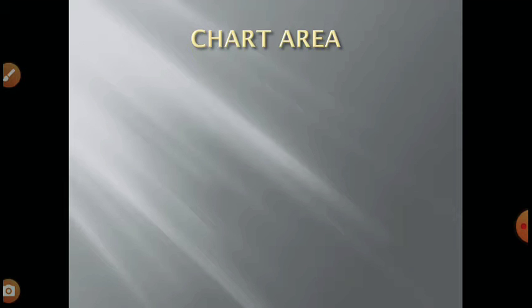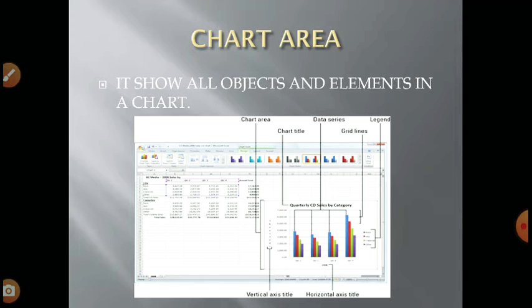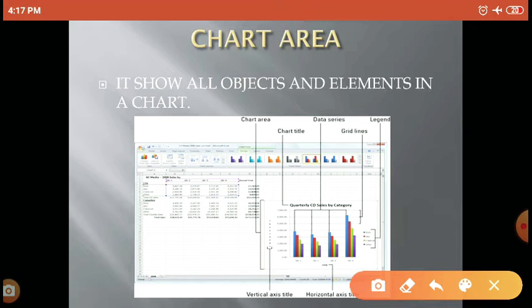First is chart area. Now what is chart area? Can anyone tell me? Or any guesses, class? Yes, the chart area includes all objects and elements in a chart. Let us see a picture and understand. See, this is our Excel table.